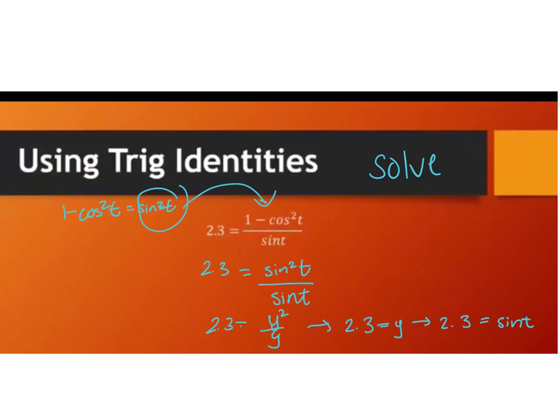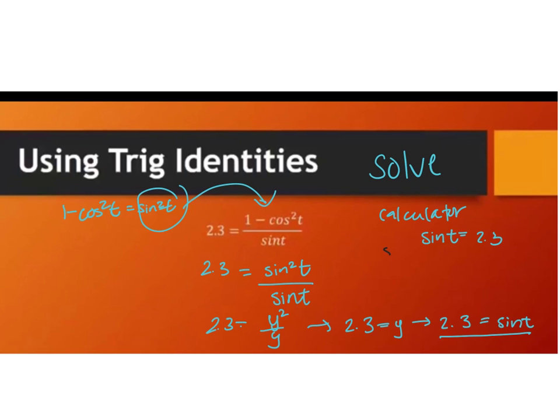So now what we want to think about is, if we look at this problem, 2.3 is not in our chart, so this means we would have to solve this using our calculator. If you don't like the format, you can flip it around, so we have sine of t is equal to 2.3.